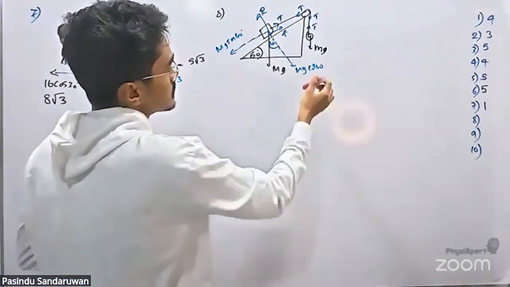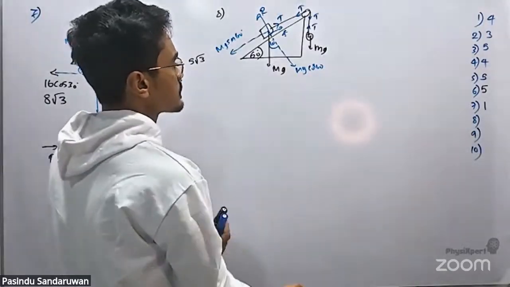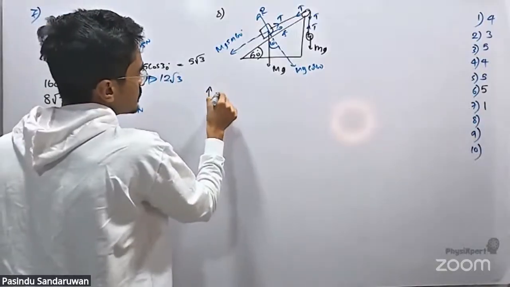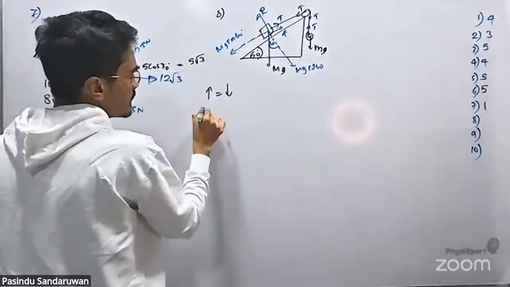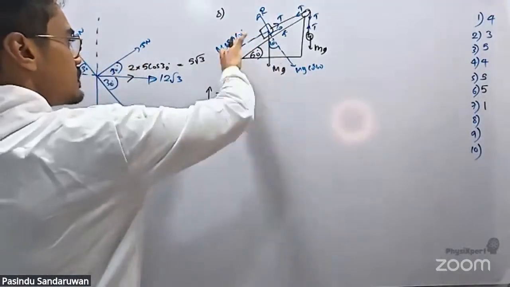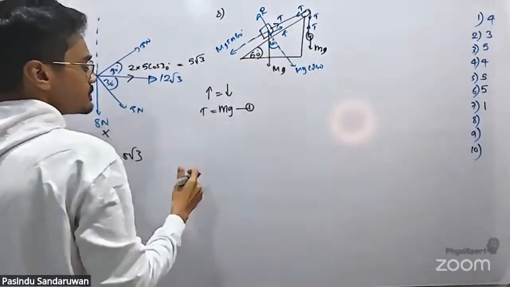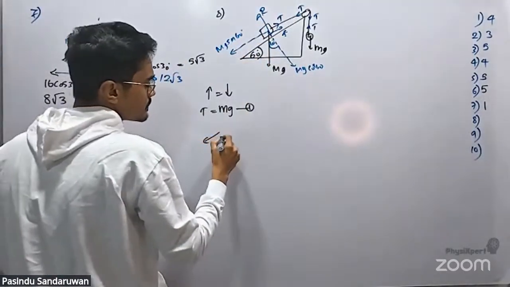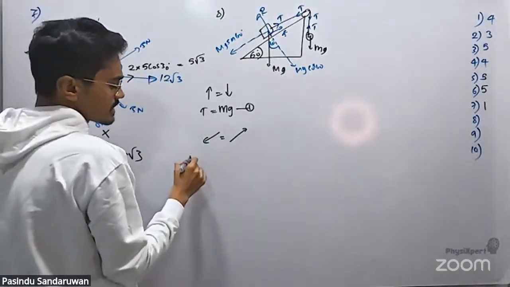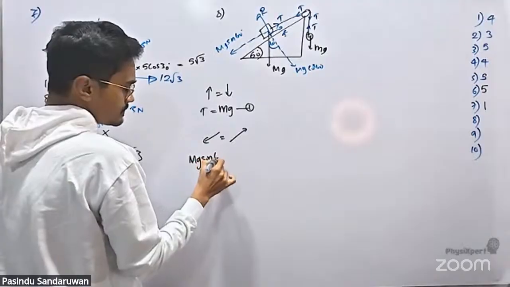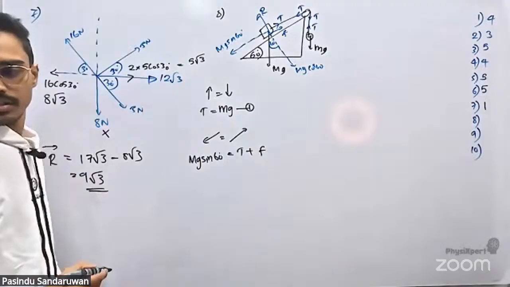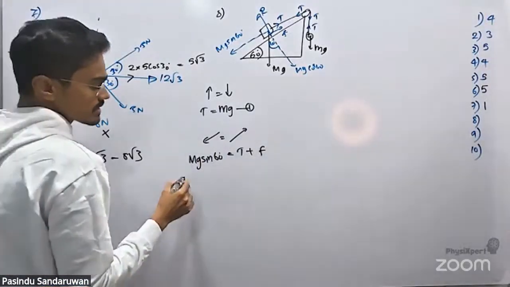Now, consider the equilibrium. From vertical equilibrium of simple m, T equals simple mg. And then inclined equilibrium for capital M: Mg sin 60 equals T upwards plus F. Simplify this.